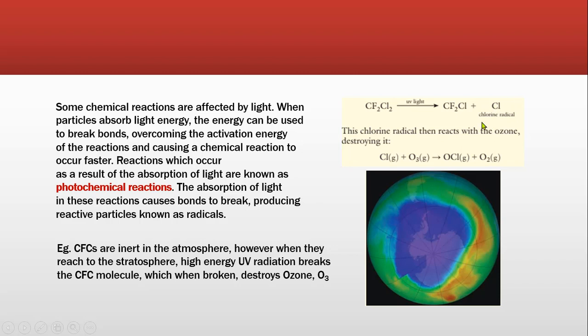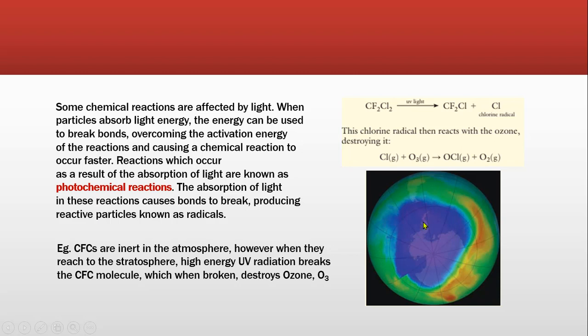So this chlorine radical reacts with ozone, which is O3, which is our ozone layer, and it forms these products. So it breaks down the ozone layer. If you look here, this is an actual hole in the ozone layer, right?